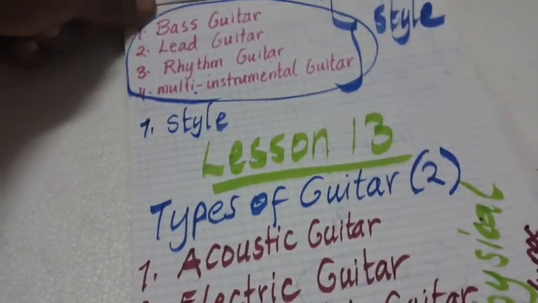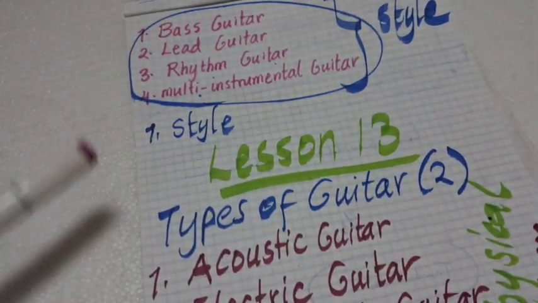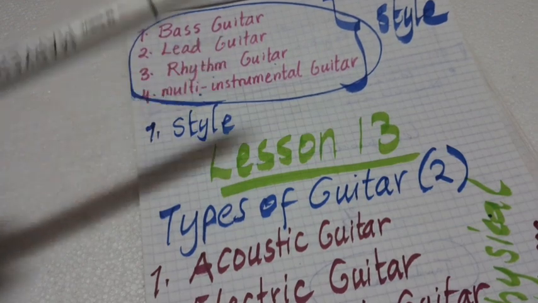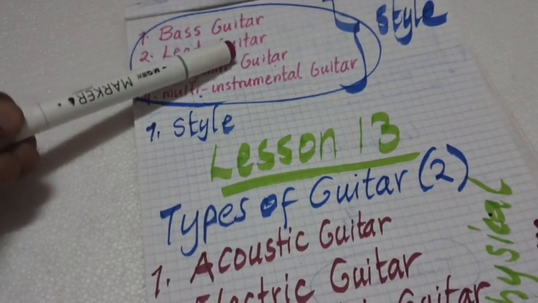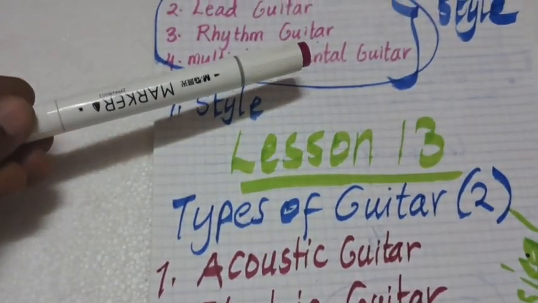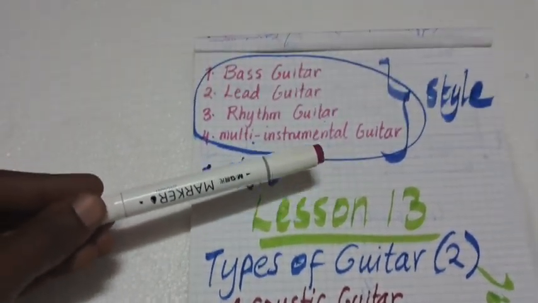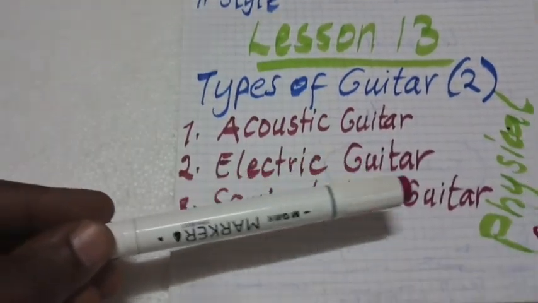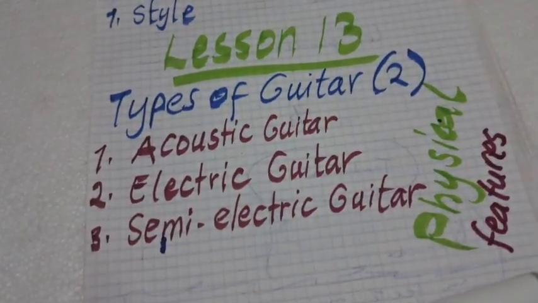So the difference between the types of guitar in this lesson is that this is distinguished by the style of playing, while this is distinguished by its physical features.